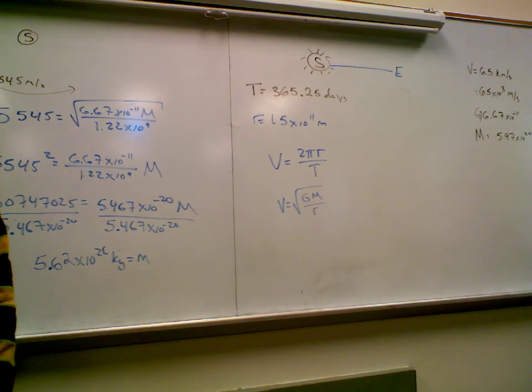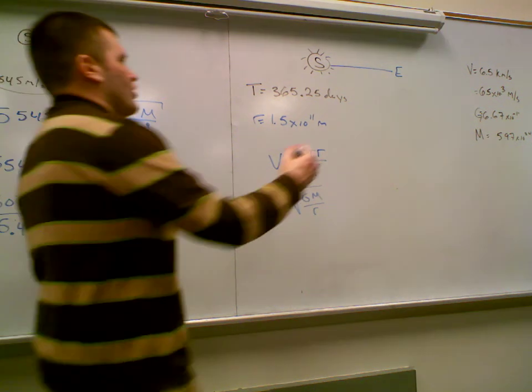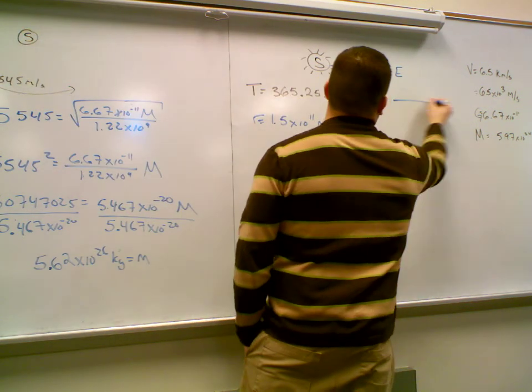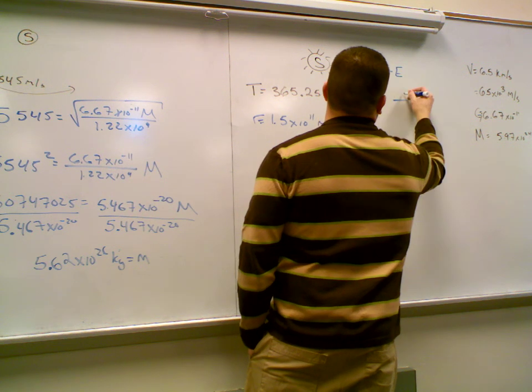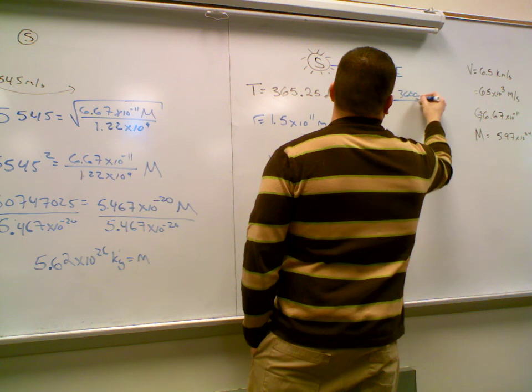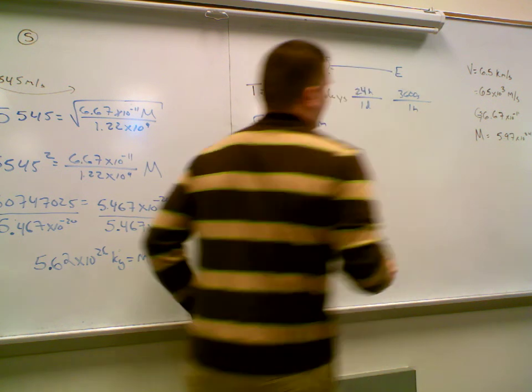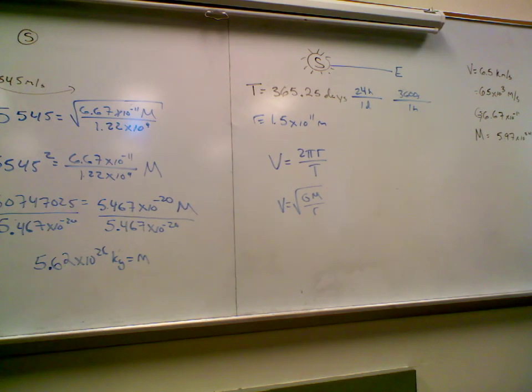Does that make sense, guys? Can you try that tonight? I would like you to try that on your own. Don't forget to convert days into seconds. That's a big number, about 30 million. So don't forget to convert that. If you need to check your answer, it's on page 173.